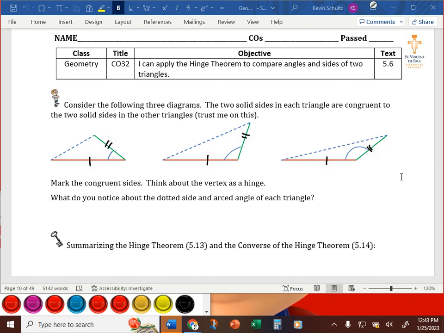You think about this gate in this position versus that one versus almost all the way open. Not only does that opening increase, or that third side get longer, but the angle in between your congruent sides also gets larger, until you open it all the way and it's flat. See why it's called the Hinge theorem? Isn't that clever, boys?